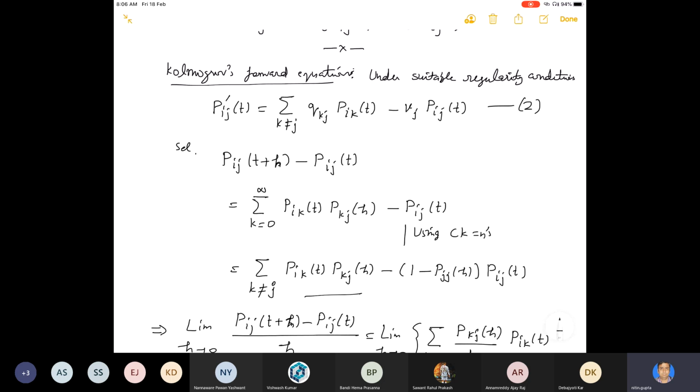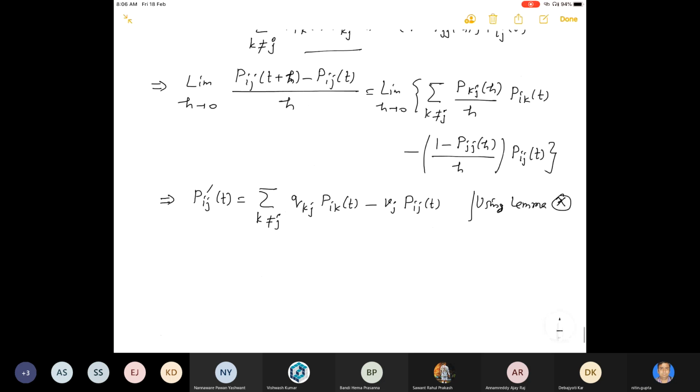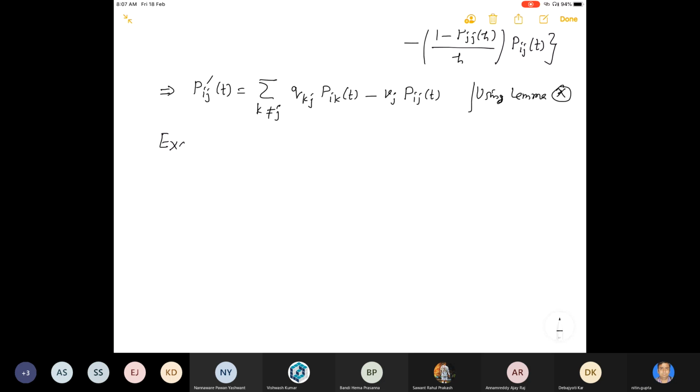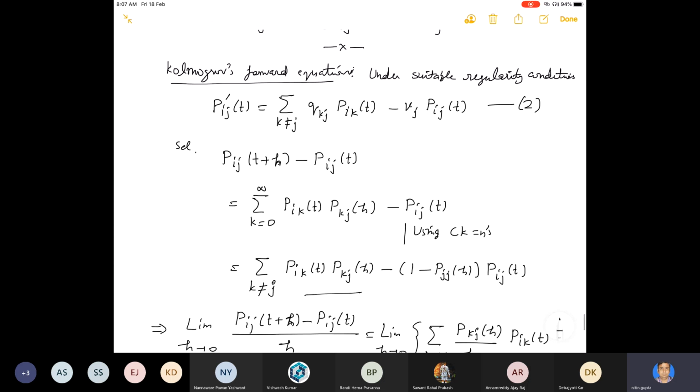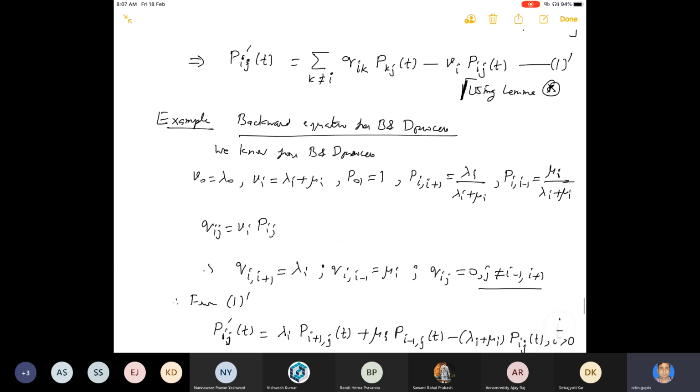forward equation. So let us see an example of the forward equation for the birth and death process. We know that in the backward equation we have already derived this for the birth and death process.